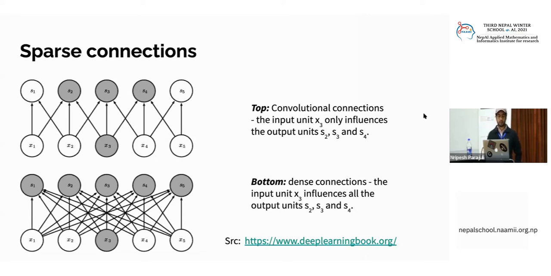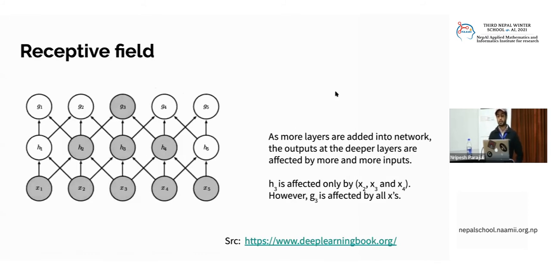Another important thing to remember is that despite having sparse connections in just one layer, as you go deeper, the connections do start becoming global. So G3 in the second hidden layer is connected to H2, H3, and H4, and is influenced by these three.